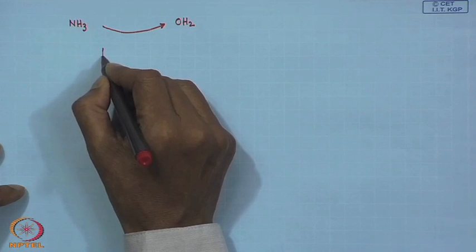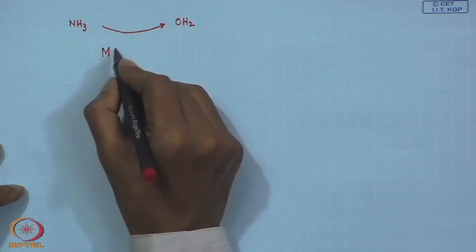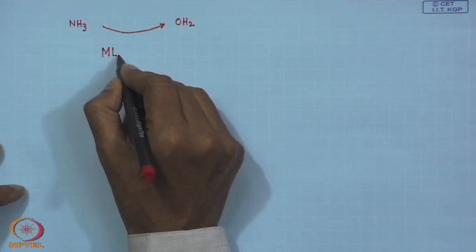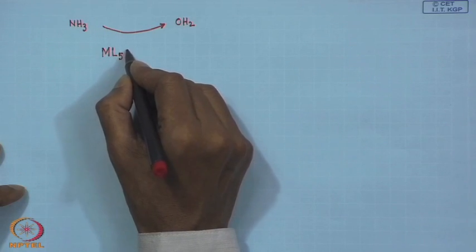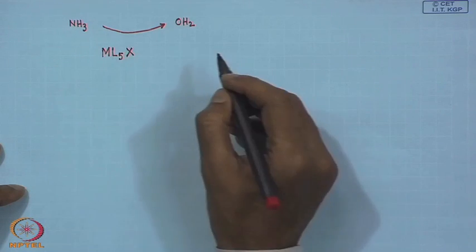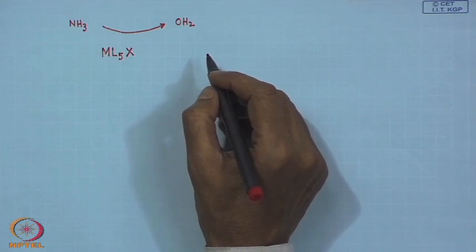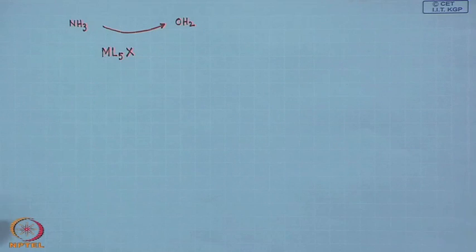So, if we have a system like ML5X, where X is present, it will be the leaving ligand.